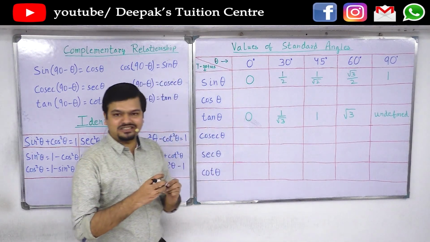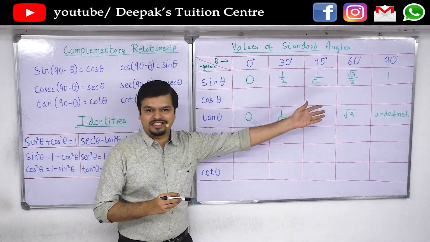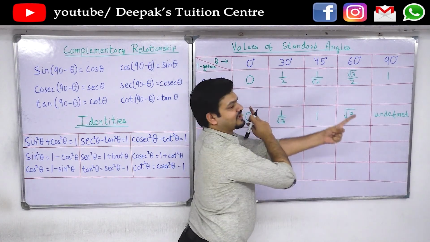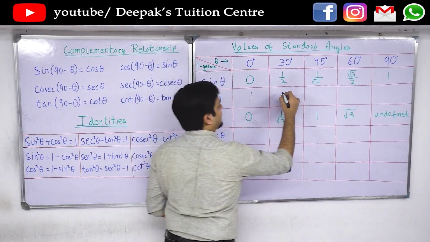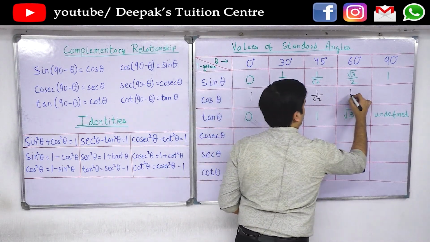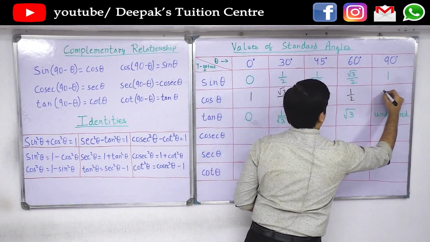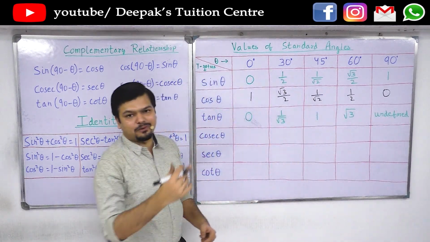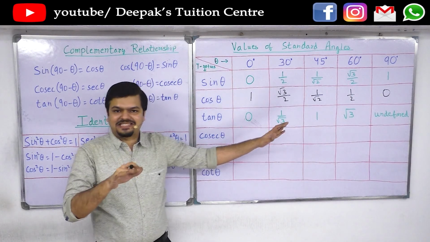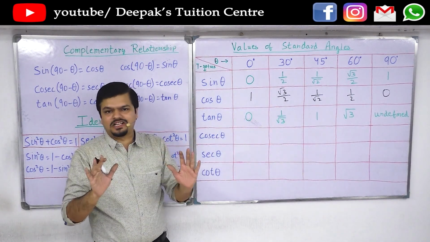So to create the row of cos theta, you need to write all the values of sin theta in the reverse order. So basically 1, root 3 by 2, 1 by root 2, 1 by 2 and 0. So if I had to calculate the value of cos 30, I would have made a more or less basic structure, not proper lines, no display, nothing.